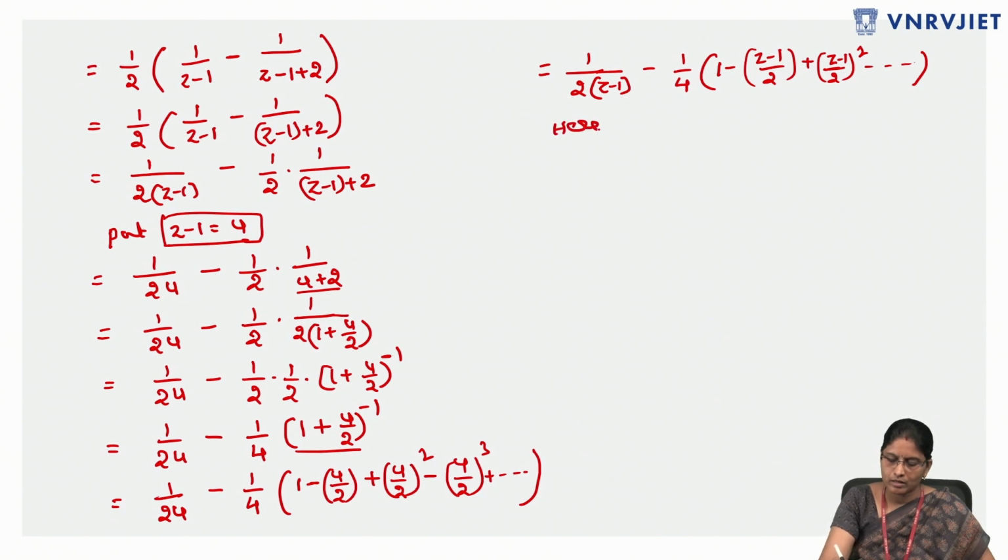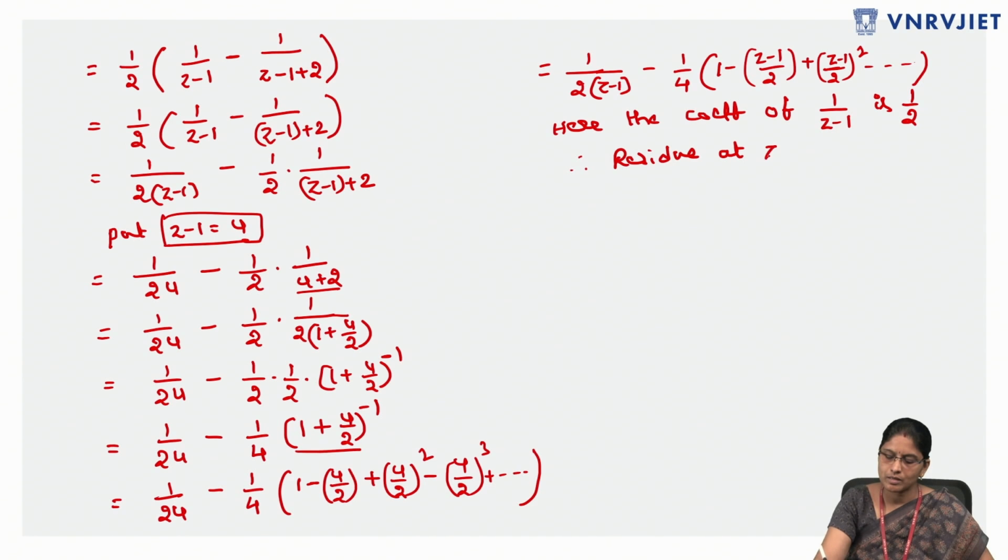Here the coefficient of 1 by z minus 1 is 1 by 2. Therefore, the residue at z is equal to 1 is 1 by 2.